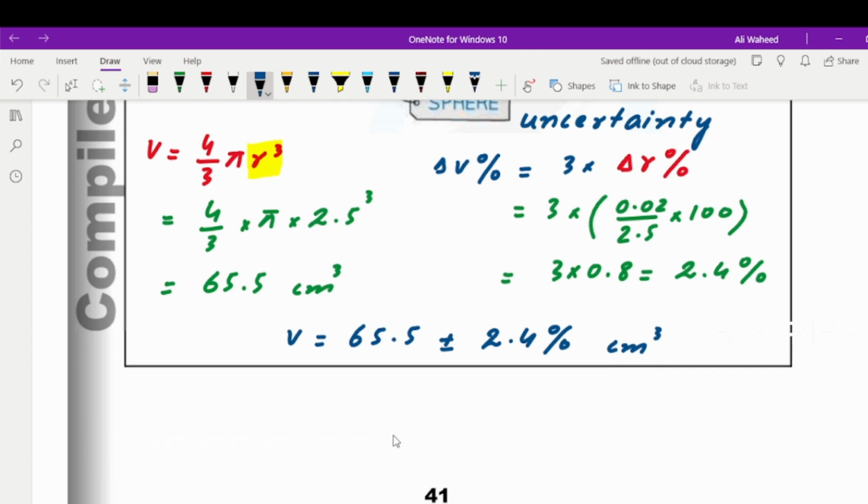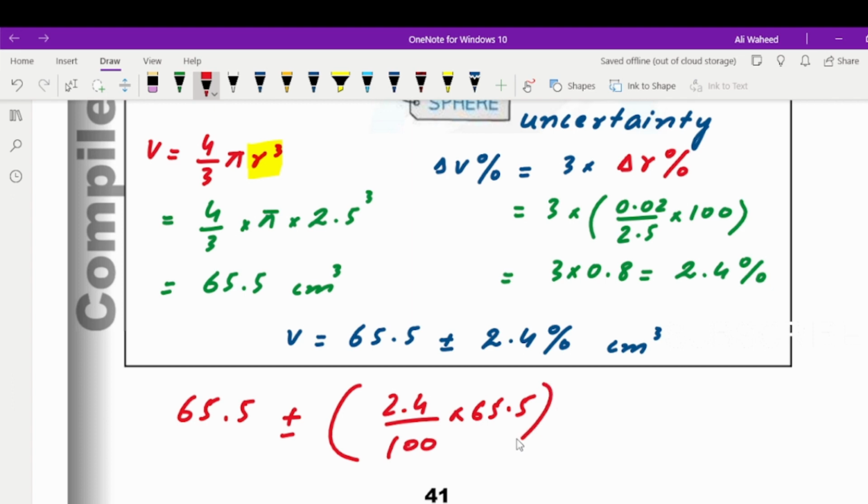Or if you don't want to write in percentage, you want to write the absolute uncertainty here, or they ask you to do so, you have to check how much 2.4% of 65.5 is. Sorry, 2.4 divided by 100 times 65.5.